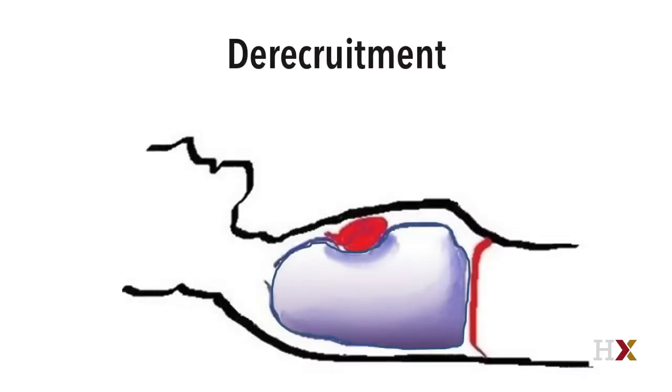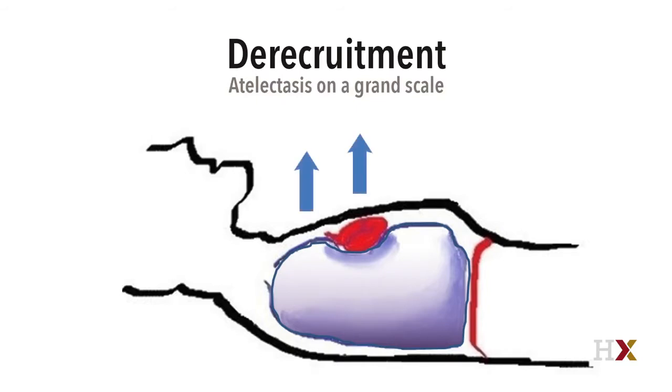Another major concept in the pathophysiology of hypoxemia is derecruitment. When we say derecruitment, what we're talking about is atelectasis on a grand scale. We have patients who come in with negative inspiratory force. They're participating in negative pressure ventilation, which is a very efficient way of ventilating.